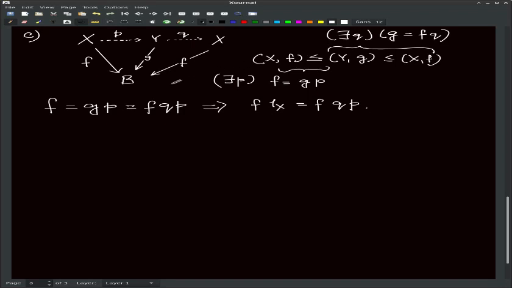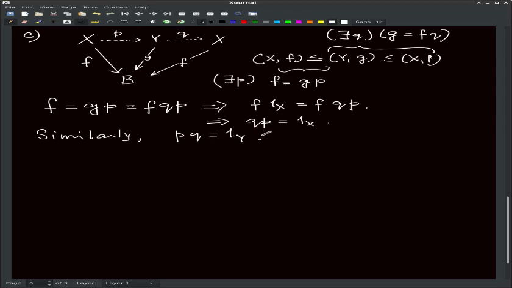Now f is an injection, so it's left cancelable. So you have qp is equal to identity of X. So similarly, pq is identity of Y.